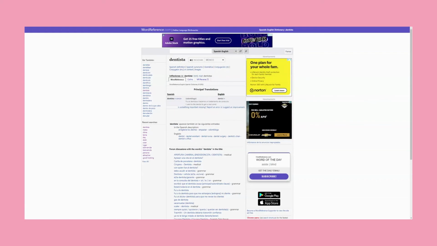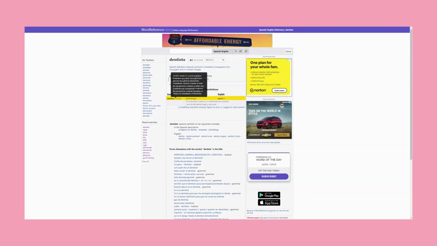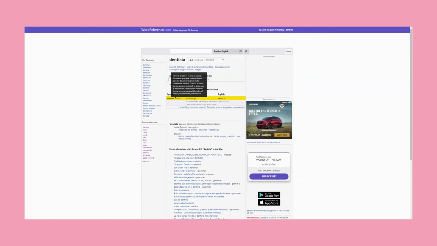If I'm talking about my female dentist, I will say la dentista. So, nombre común en cuanto al género. That means common noun in accordance with the gender. It's a neutral noun, so whenever you're speaking or writing about a dentist, the article is what modifies that noun in accordance with gender.